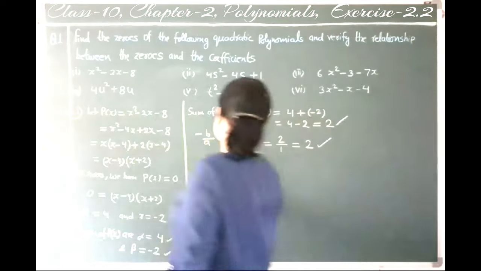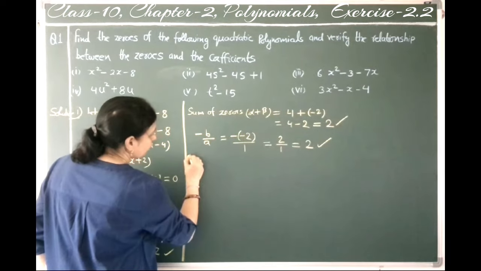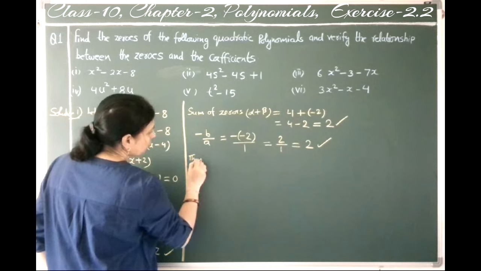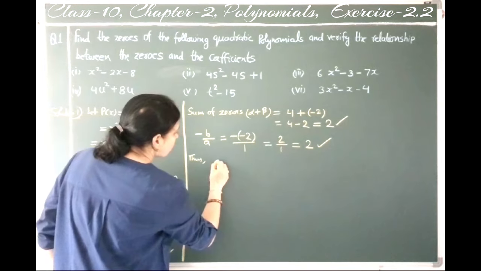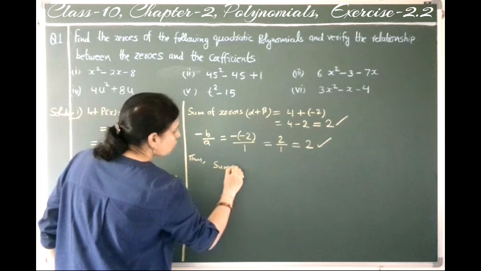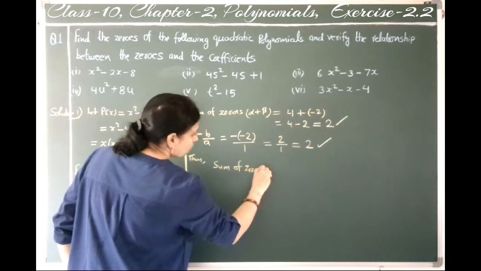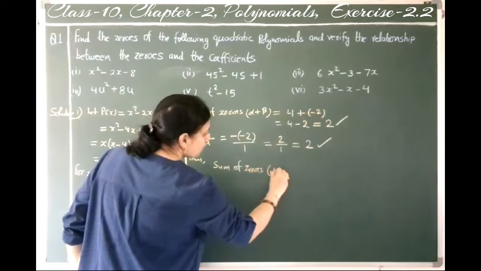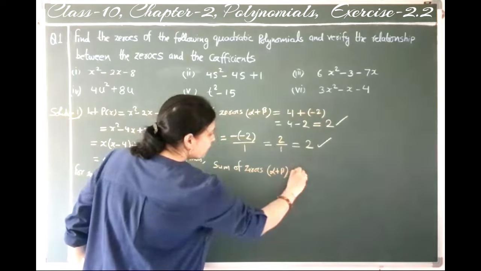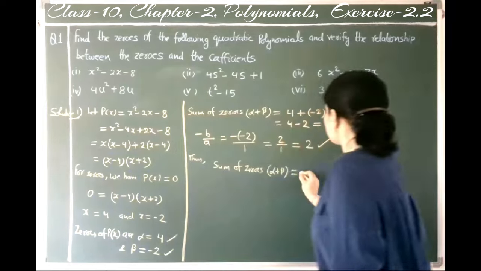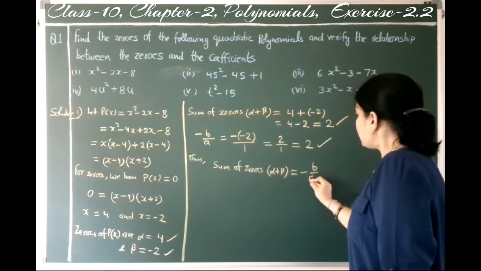So we can say that thus sum of zeros alpha plus beta is equal to minus b by a.